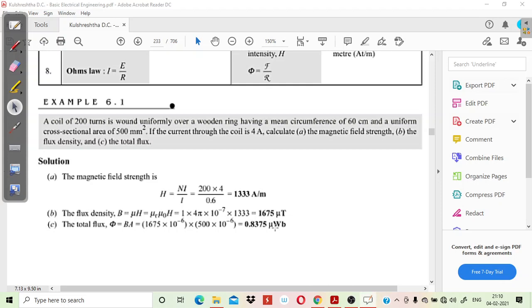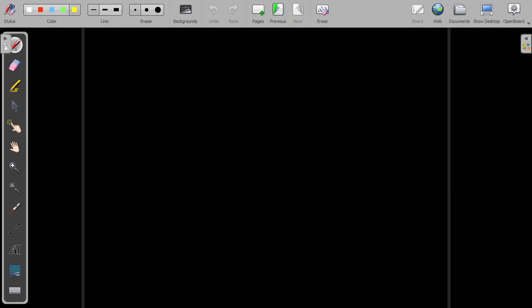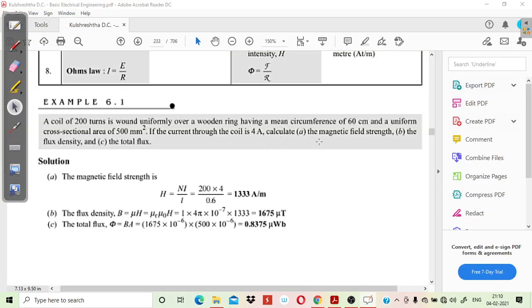Now the examiner is asking you to find the magnetic field strength. Magnetic field strength H is equal to NI by L. That is 200 into 4 divided by the mean circumference, 60 centimeter, that is 0.6 meter.